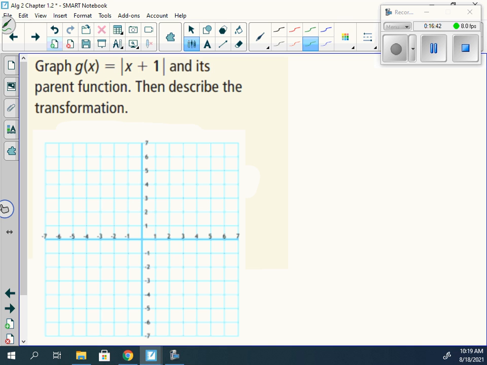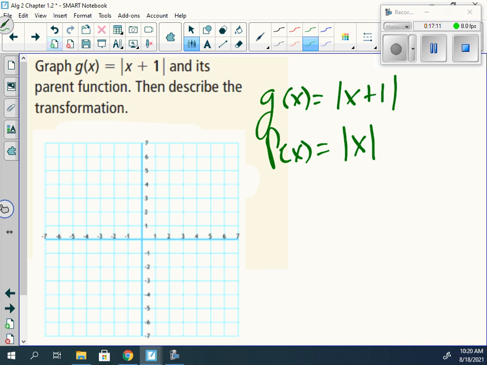Okay, our original graph, our original function. What's the parent going to be? Because it has what? Absolute value bars, doesn't it? So it's an absolute value function. So we know the graph is going to have what kind of shape? A V. The original function, f of x, equals the absolute value of x.